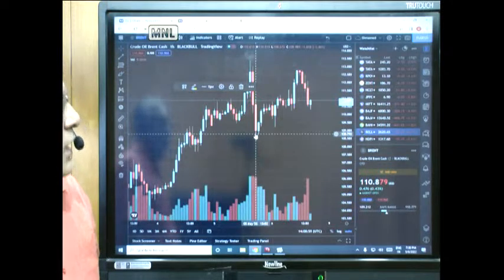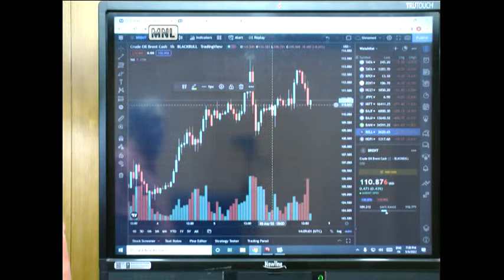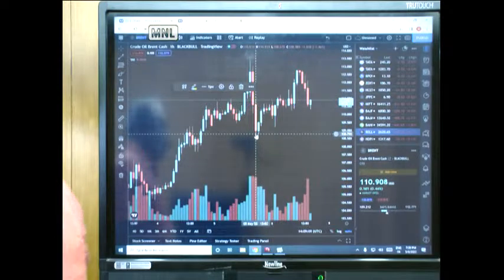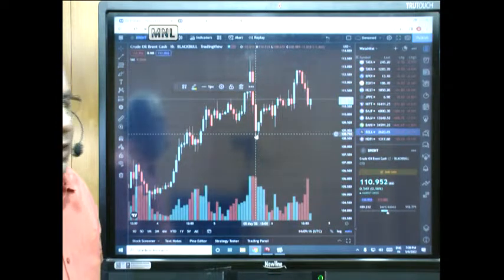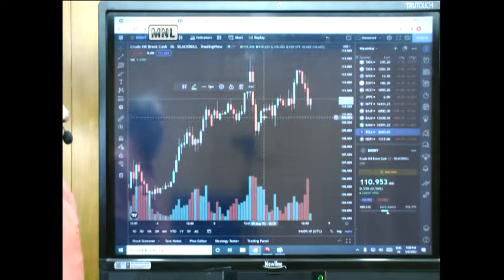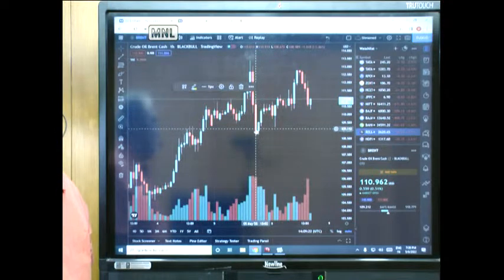Then after that, when it cuts a 3-hour high, 1, 2, 3, we can go long, keeping this low as a stop loss. Why? Basically because the overall trend is on the upside. This cut is 110.66, keeping 108.67 as a stop loss.